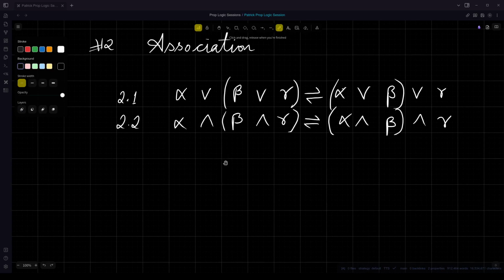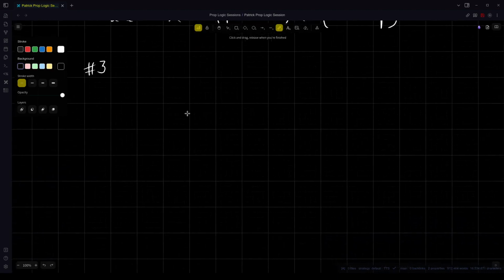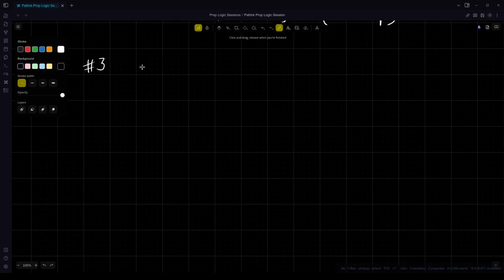Exactly. Okay, now the next one is called distribution. Can you guess what this might be, just from the name? I'll give you a hint that it's all going to be alpha, beta, gamma again.